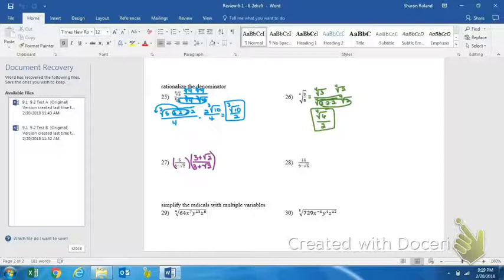So that's 5 times 3 is 15, plus 5 times root 2. In the denominator is 3 times 3 is 9, minus square root of 2 times square root of 2, which is 2. And so we simplify this. It's 15 plus 5 root 2 over 7. And that's your answer.